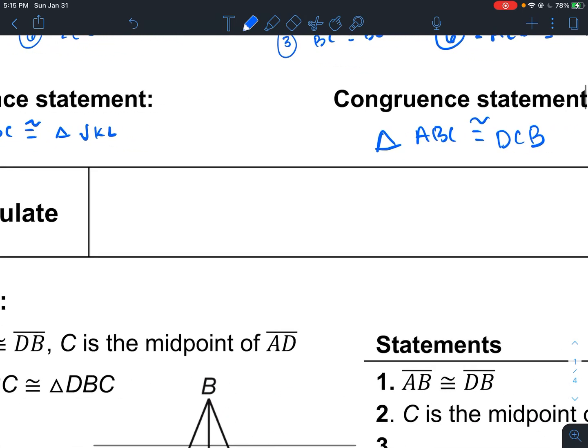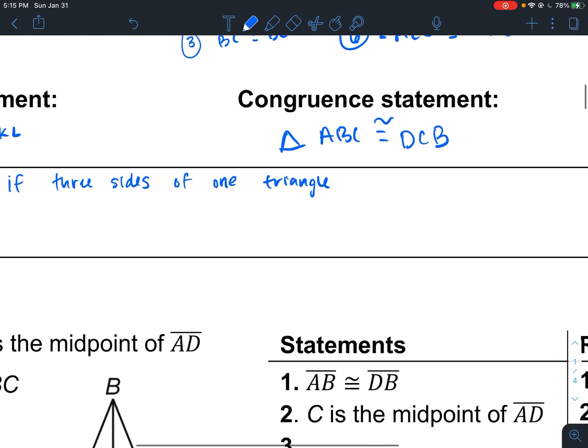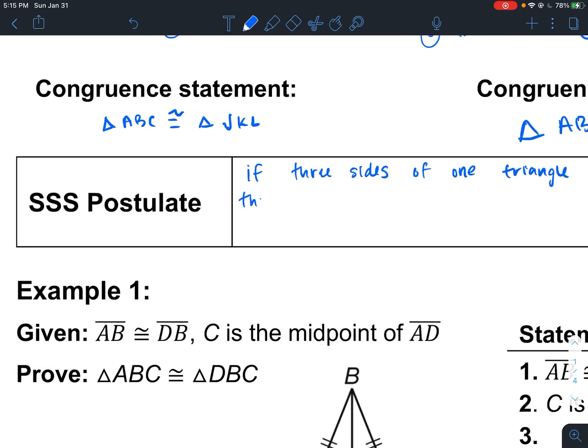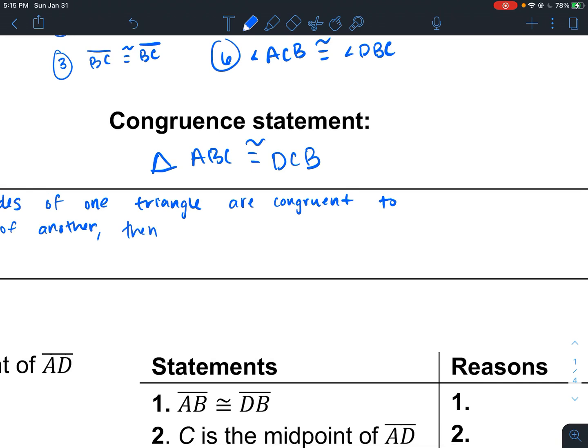And this states: if three sides of one triangle are congruent to three sides of another, then the two are congruent.